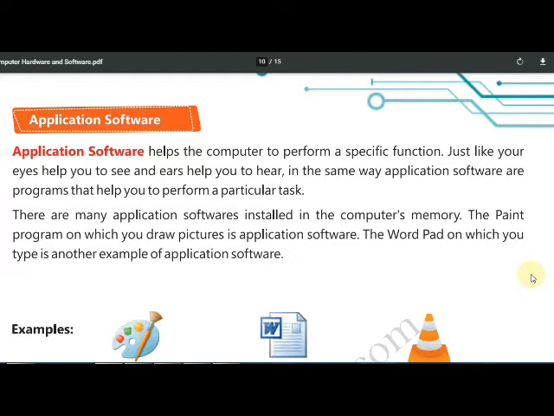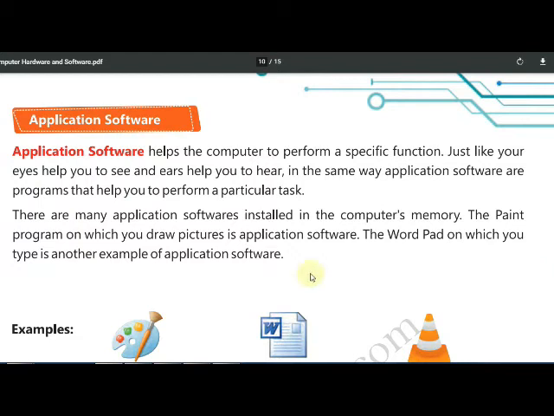And for that, when a particular developer designs any application, that application is called application software. That means it will perform a specific function. Maybe it will allow you to draw any picture, or to type any passage, or to listen to any music, one of them, not all.